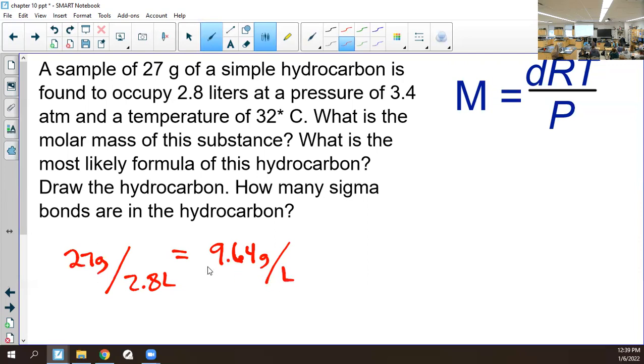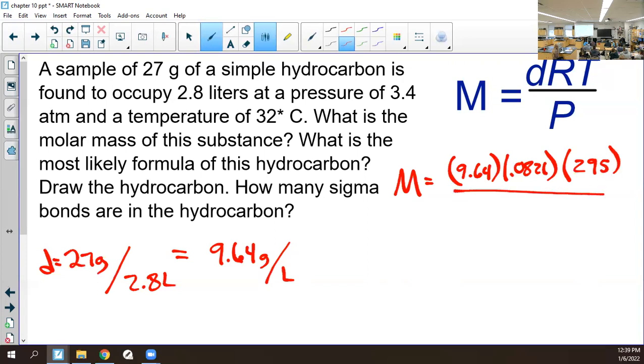All right, now that's just the density, right? Now I've got to plug it into this. The molar mass is equal to the density, which is 9.64, times R, 0.0821, times T. 32 degrees Celsius is 305 kelvin, sorry, not 290.